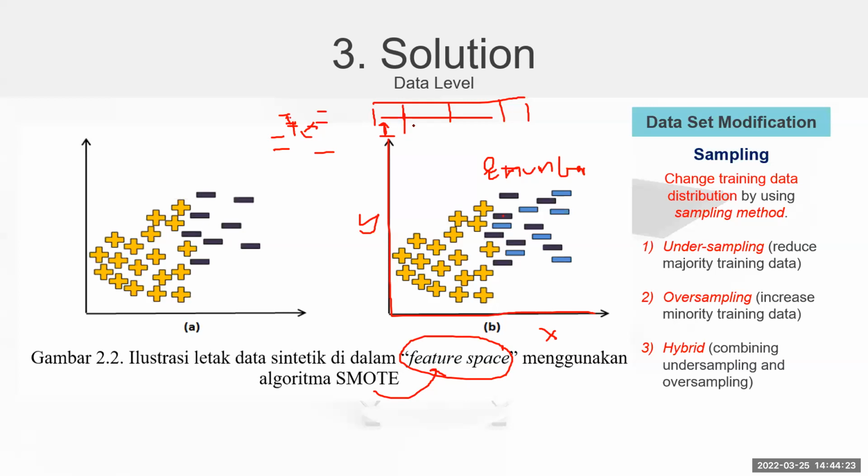The first neighbor is maybe the 10th data, the third data, and so on. After that, we get the neighbors. This is the neighbor.